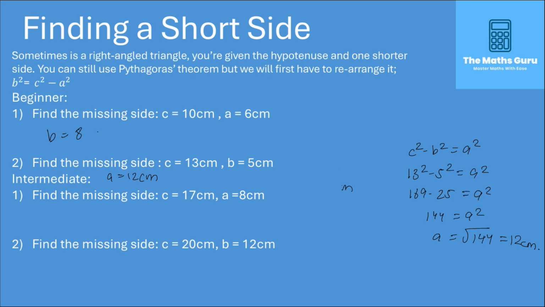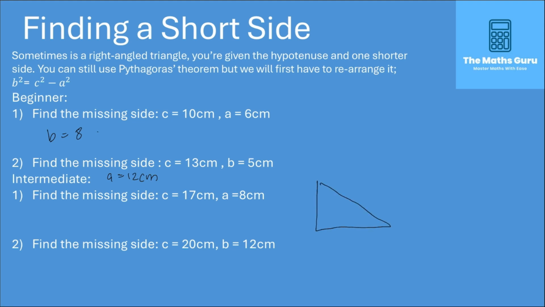Okay. Looking at the intermediate questions, we can say that c is equal to 17 centimeters, a is equal to 8 centimeters. So we have our c opposite our right angle.